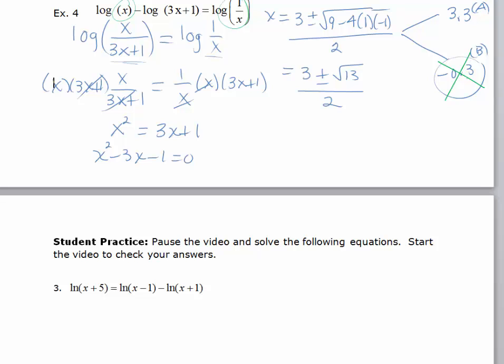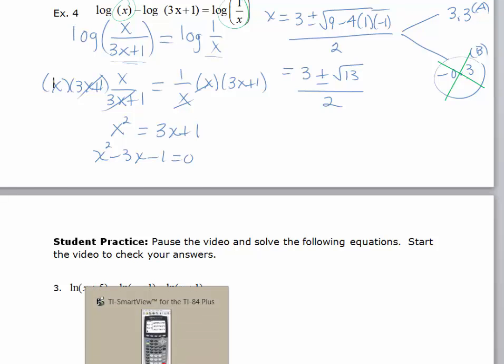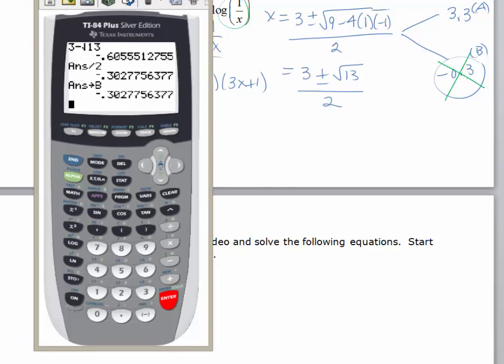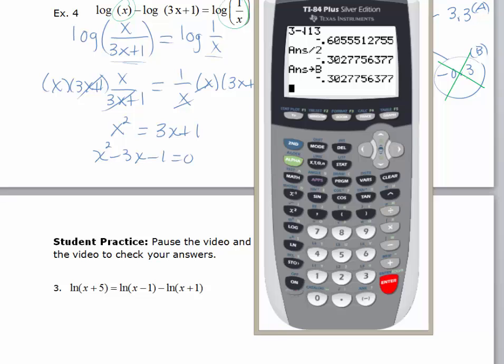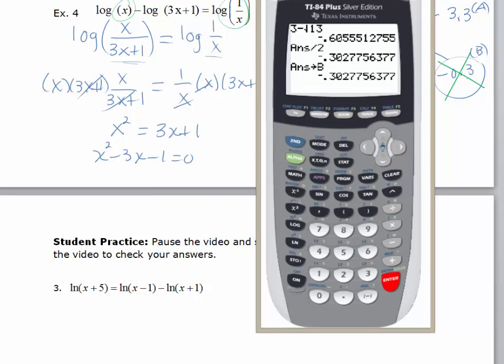So I'm going to pull up my calculator again. Checking the 3.3, we're going to type in log, L-O-G. Instead of writing 3.3, because that would give me my approximate answer, I'm going to hit alpha A and close it.